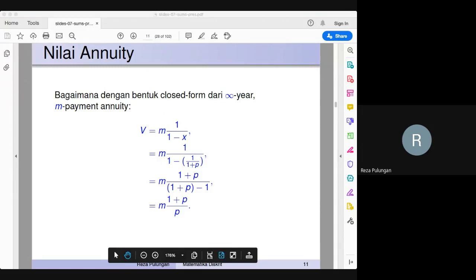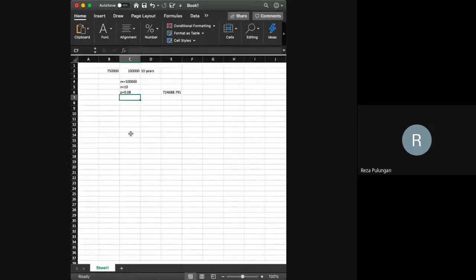What if the offer is not for 10 years, but forever? What if the offer is not $100,000 for 10 years, but the lottery will give you an annuity of $100,000 forever?